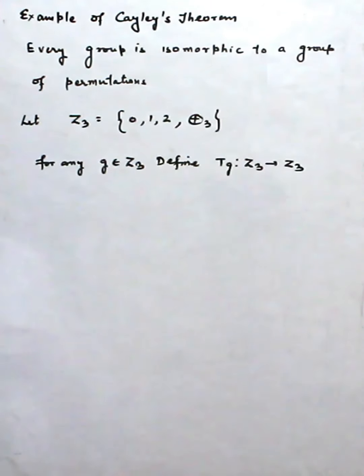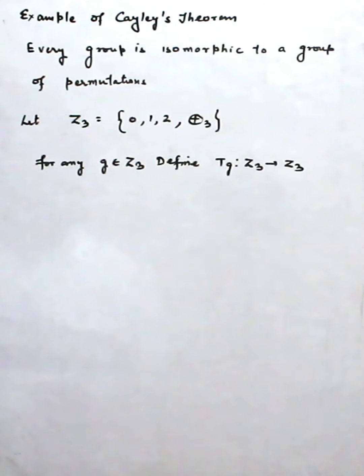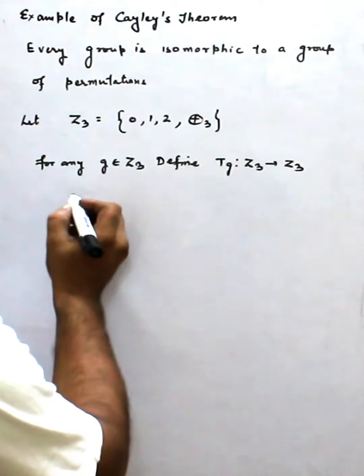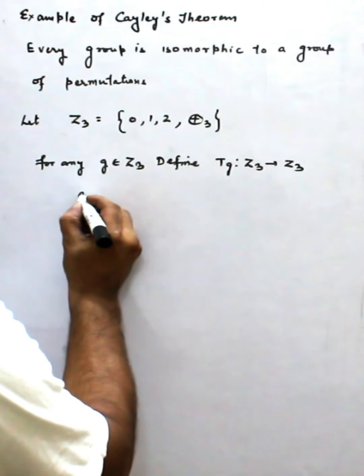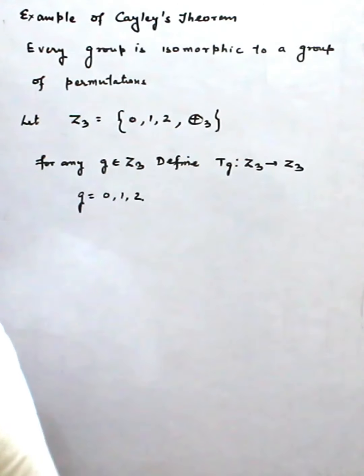This is obviously a permutation. So first we find these elements. Because g can take values, g is 0, 1 and 2.